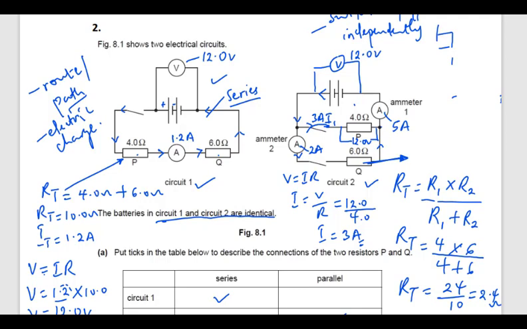One of the disadvantages is that when one component is faulty, the other component also stops working. So if this component P is faulty, Q will never work again because they are both connected together in just one single loop.